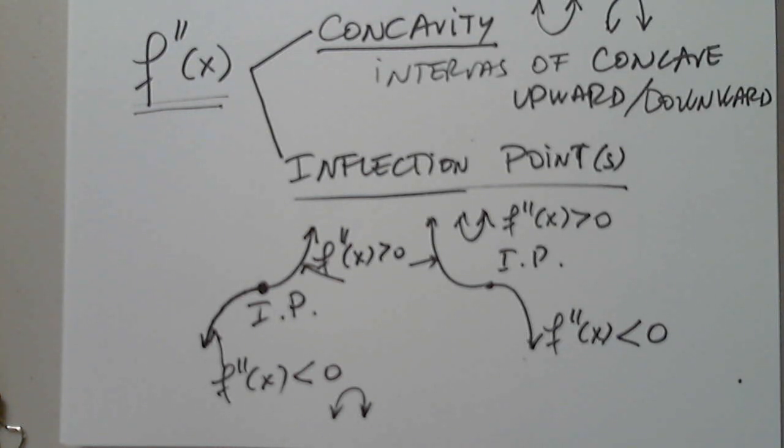We already did. So use the graph to find the open intervals on which f is increasing and decreasing, and then concavity and points of inflection. So they're going back to the first derivative for a moment.